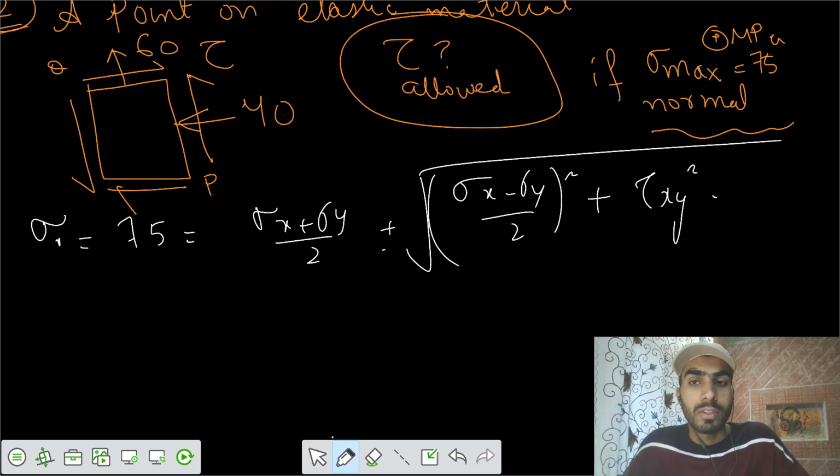So we can substitute sigma 1 equals sigma max, 75 megapascal.